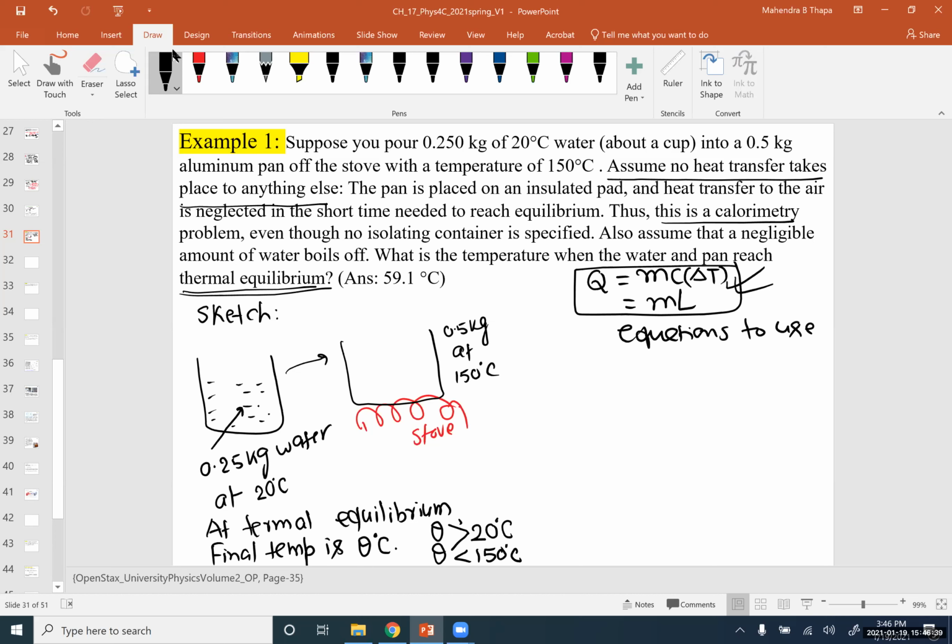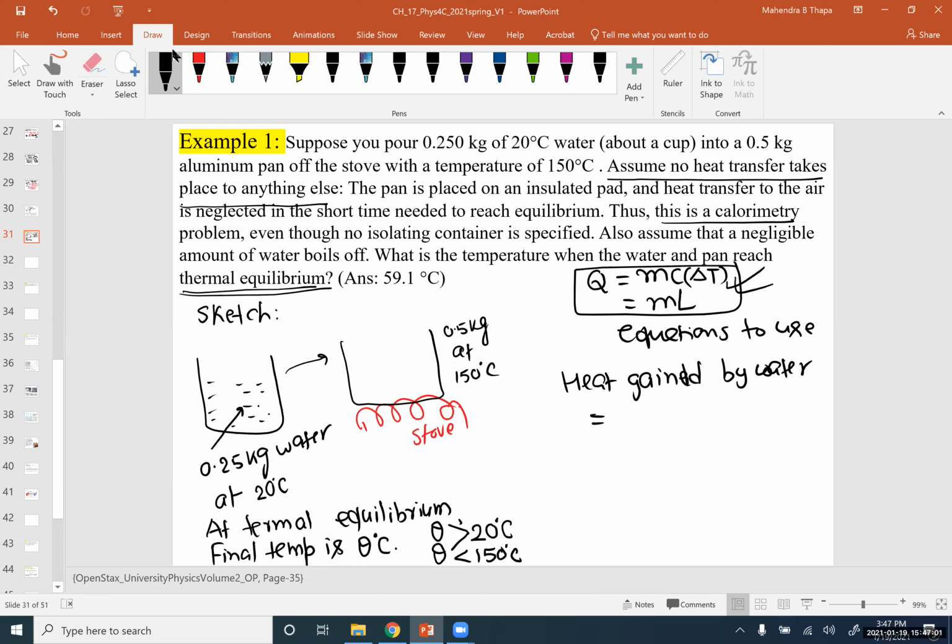So what will happen is that if you put water in this pan, in this bucket, it will gain heat. So the heat gained by water: how much heat gained?